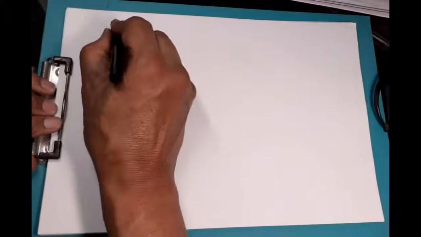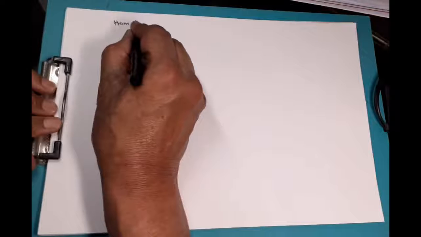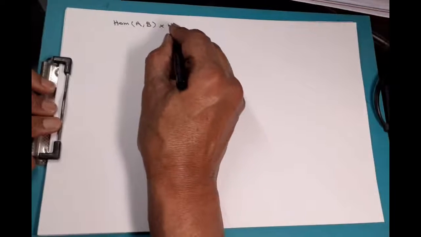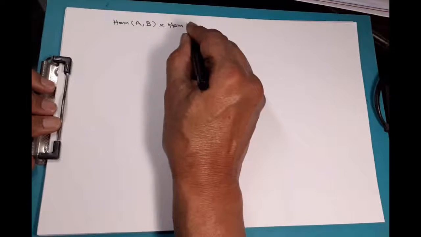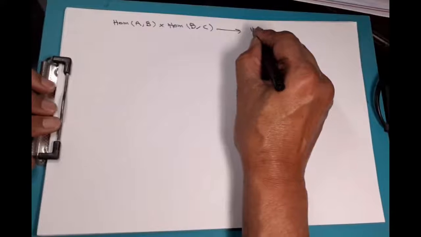So for rings A, B and C, a function from Hom(A,B) cross Hom(B,C) to Hom(A,C).